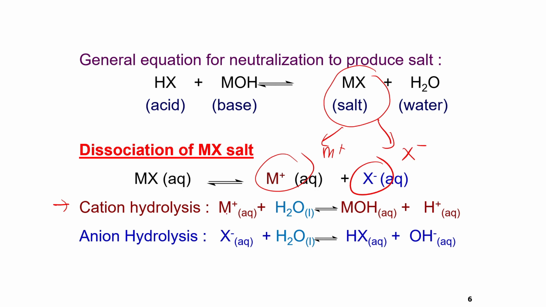So M plus reacts with water, produces MOH and H plus. At the end, kita akan hasilkan H plus ion. H plus ion indicates dia ialah acidic salt. Okay, untuk anion hydrolysis, X minus yang undergo hydrolysis. At the end kita akan dapat OH minus, indicating dia ialah basic salt.